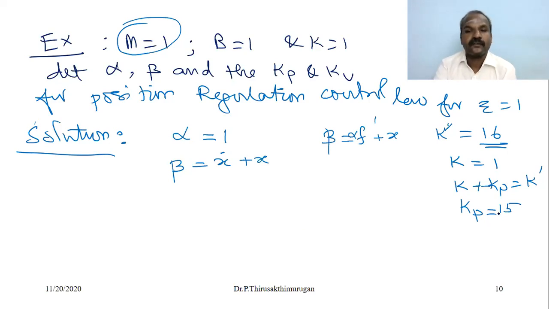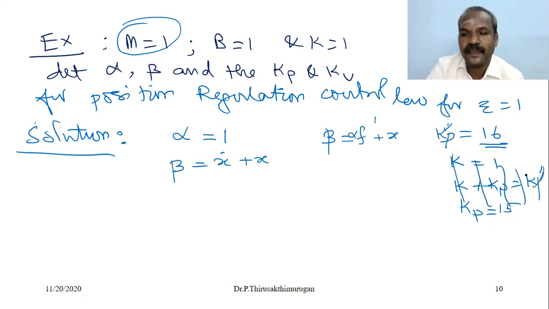Sorry. What they are giving here is in this system, Kp is given, Kp is only 16. We are not following the previous control gain. So Kp equals 16. So Kv equals what?